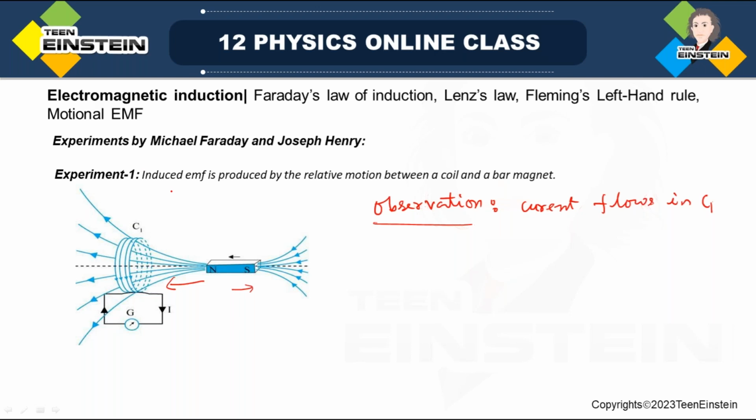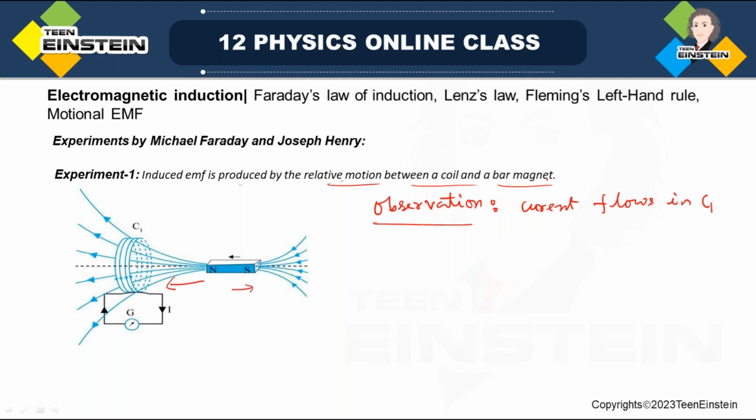The first experiment says that there is an induced EMF due to the relative motion between the coil and bar magnet. This is the conclusion from this experiment.